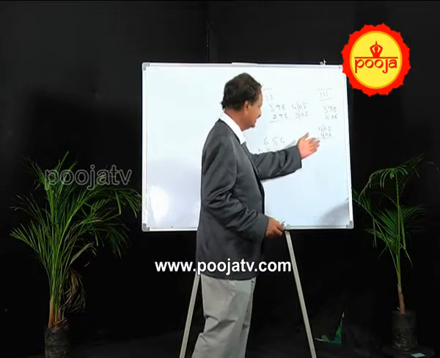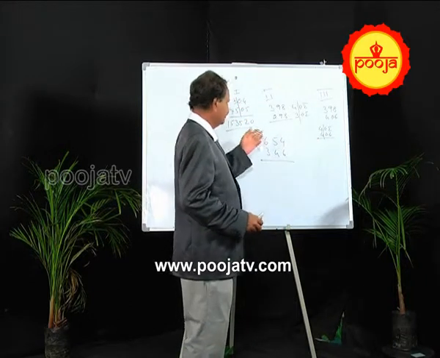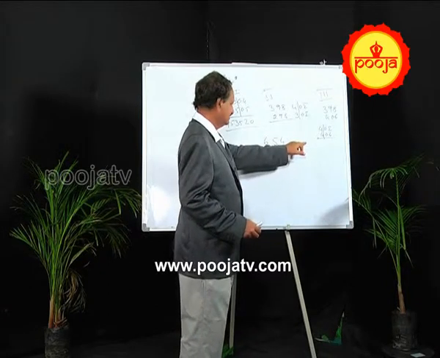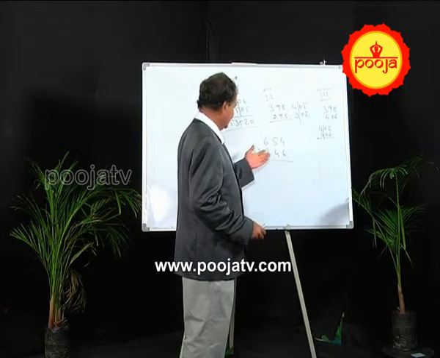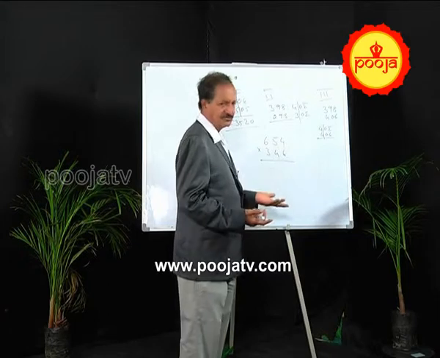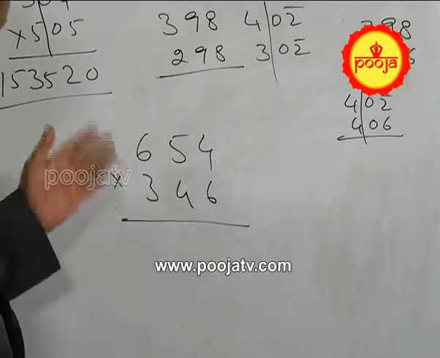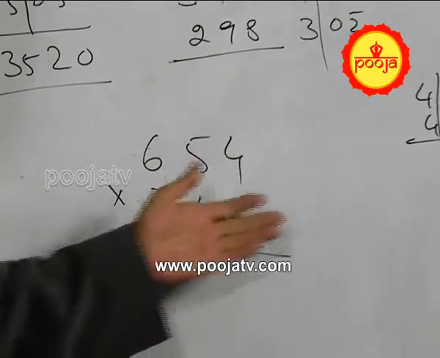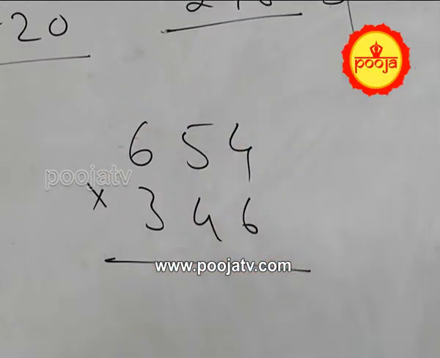And finally, if you convert one thing, 654 will become 700 minus 46 and again 346 will be there. So, you cannot multiply. Like that, even if you transfer 346, it will become 400 minus 54, and with 654 again you cannot multiply.